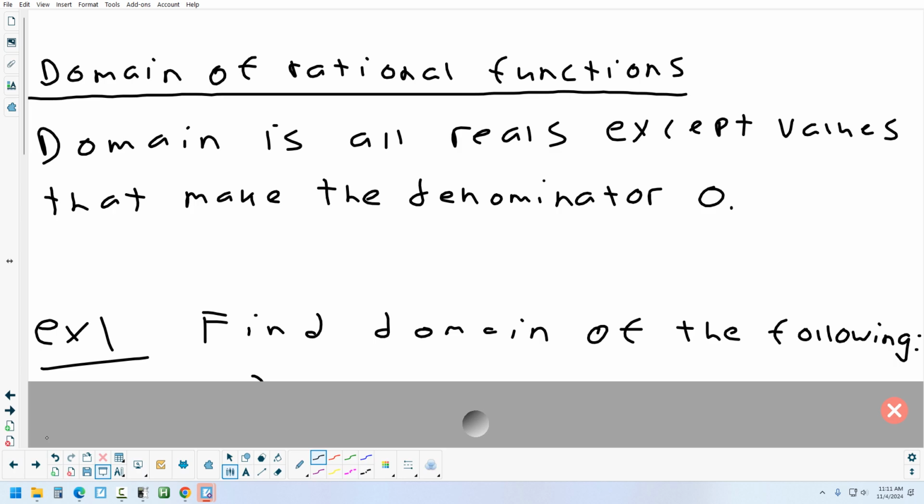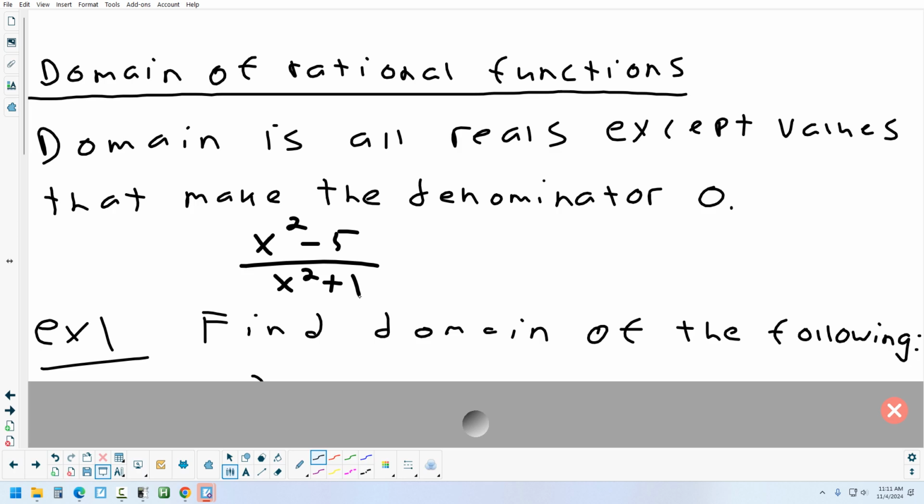It is possible that there are no numbers that would make the bottom 0. Look at this one. Say x squared minus 5 over x squared plus 1. How come there's no real number you could plug in to make the bottom 0 there?